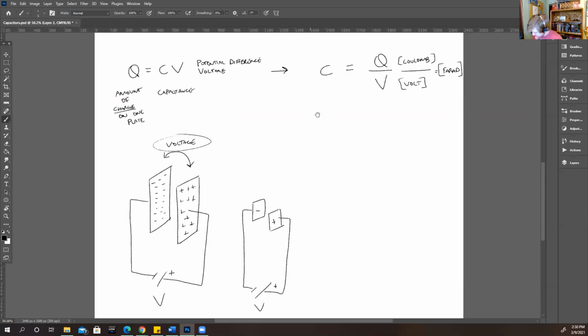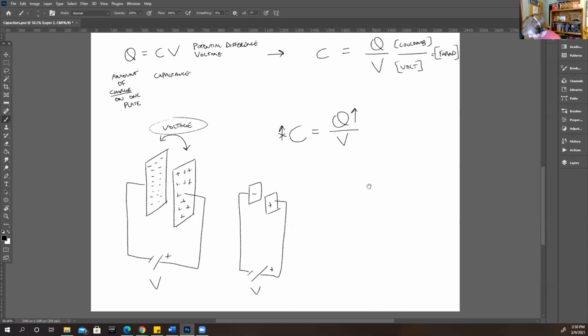So we might be tempted to say, looking at Q over V, that as the amount of charge increases on the capacitor, the capacitance gets bigger and they're directly related. That's not the case. No.